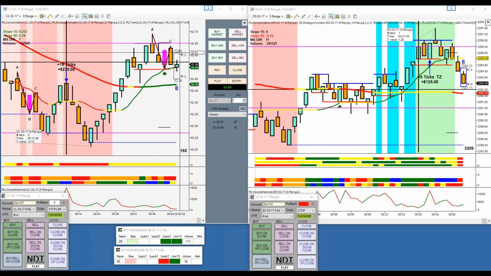See if that pulls the ES down. E-mini isn't moving much.